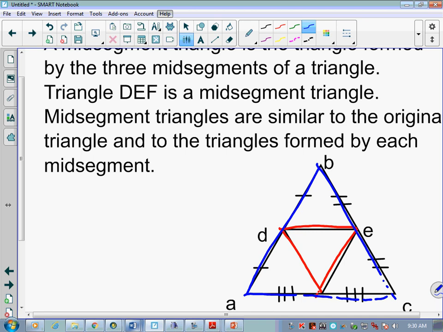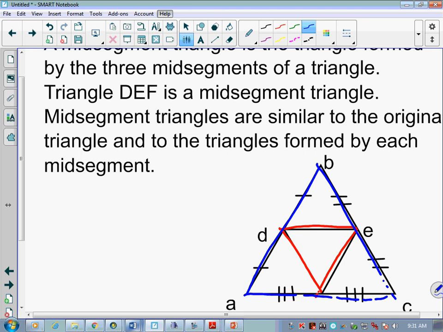I don't know that I put a letter down here. I think there's an F that you don't see. But DF is going to be half of BC. EF is going to be half of AB. So therefore, the perimeter is going to be half. Does that make sense?